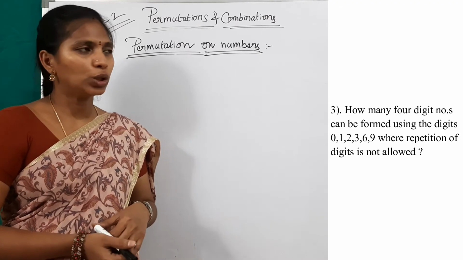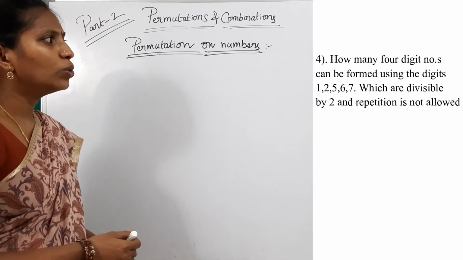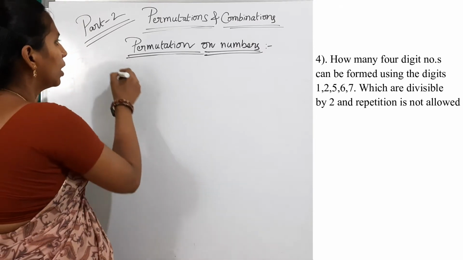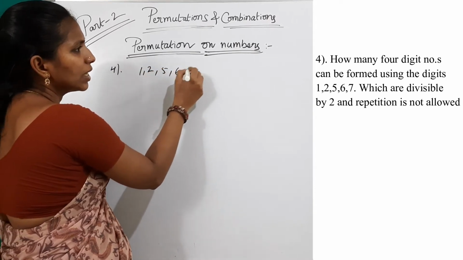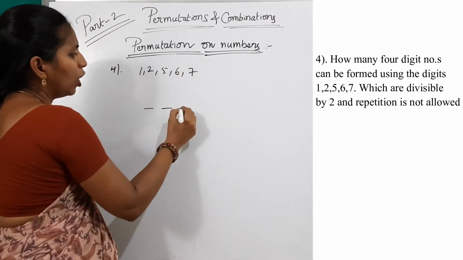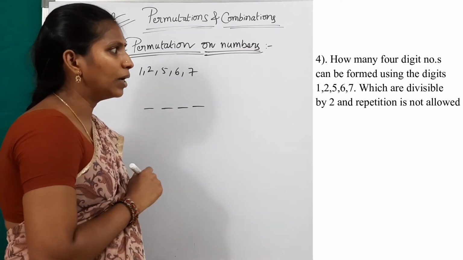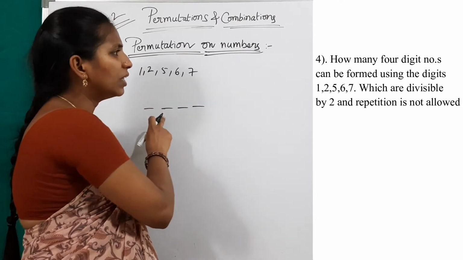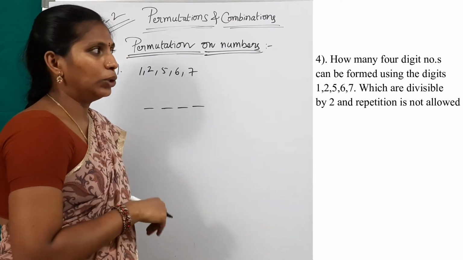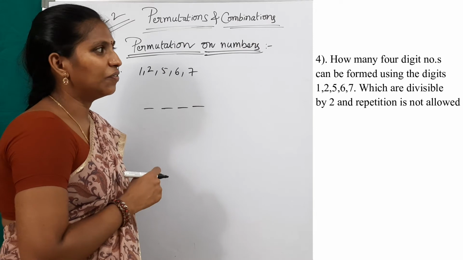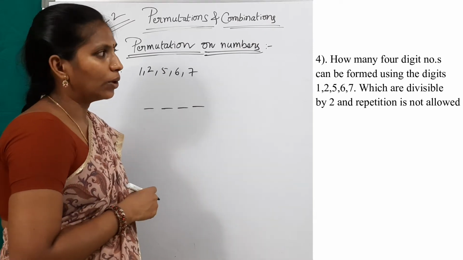Now coming to the fourth question. How many 4-digit numbers can be formed using the digits 1, 2, 5, 6, 7 which are divisible by 2, and repetition is not allowed? Very important.